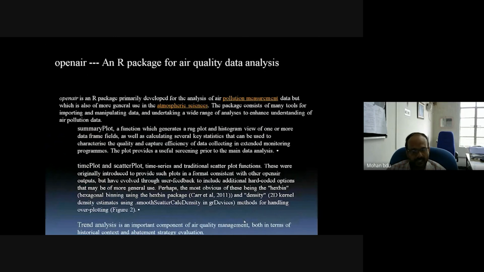And again, there is another package which is an open source package that is based on the R platform. This is in fact widely used to find out either the dispersion of pollutants from a source, from a given location, or from the monitoring stations towards the downwind directions.